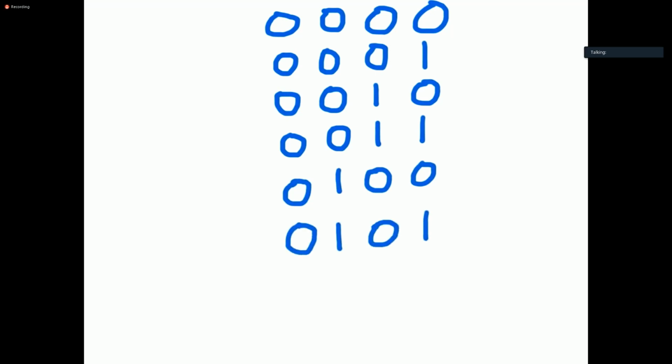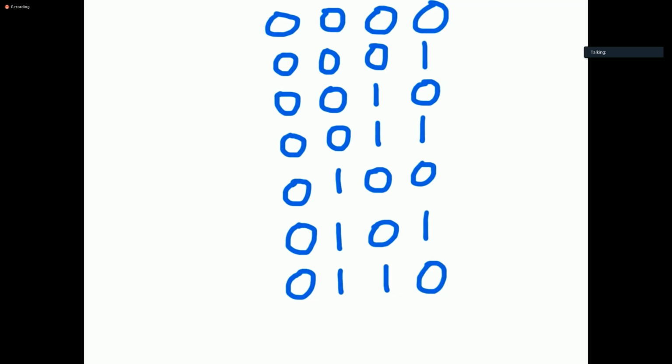How do we get 3? Well, we just add 1 to our previous number. 2 and 1 makes 3. We get 4 by putting a 1 in the 4's place. We get 5 by having 4 plus 1. We get 6 by having 4 plus 2. And that's how you do it.